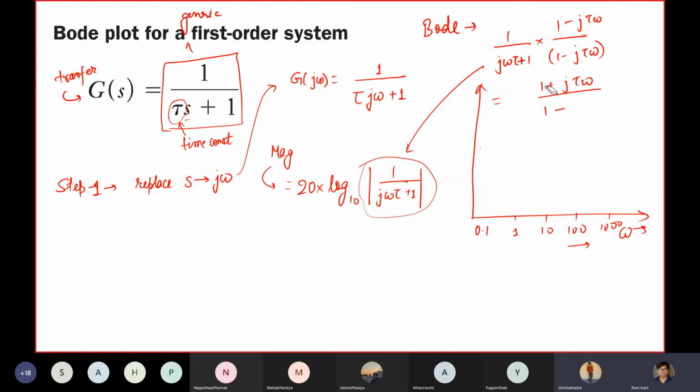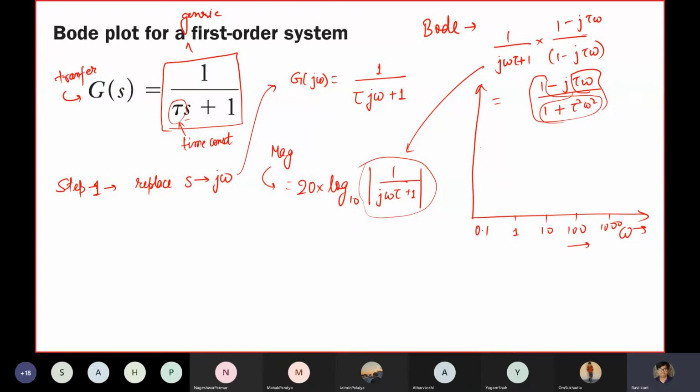So the denominator is 1 square plus tau square omega square, where this is the real part and this is the imaginary part.